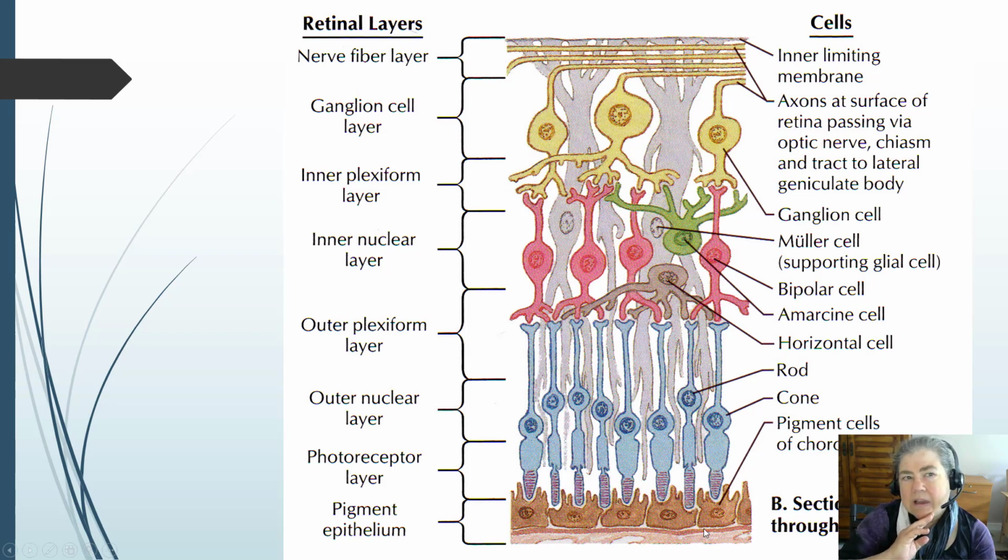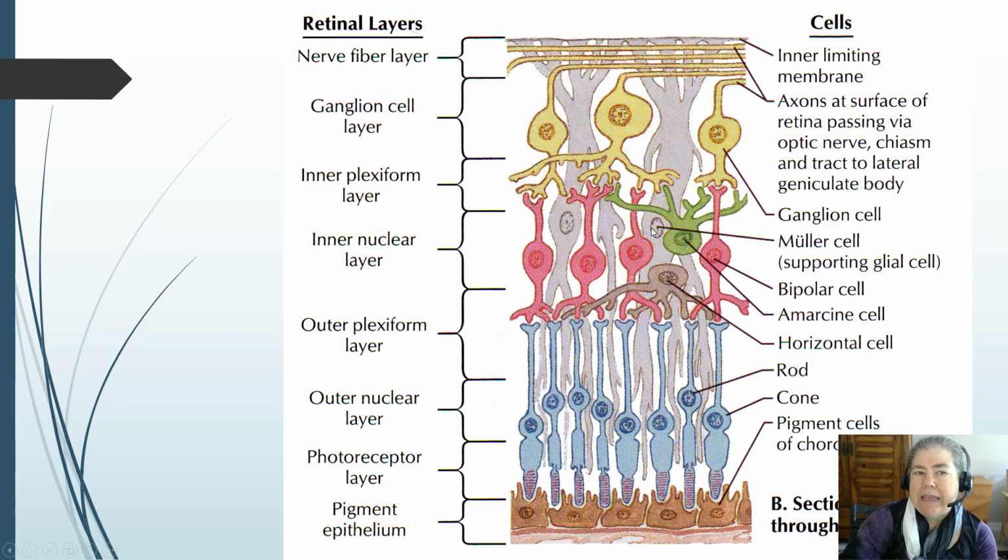I'm not going to make you memorize the retinal layers, but I want you to understand the essential structure, that you have this choroid, which is a pigmented epithelium, in contact with the rods and the cones, which are the light detectors and detect light at various wavelengths. And if you're looking at a section under a microscope, you see nuclei there, which is why it's called the outer nuclear layer. And it's outer because it's the closest to the choroid, to the outside of the eyeball.